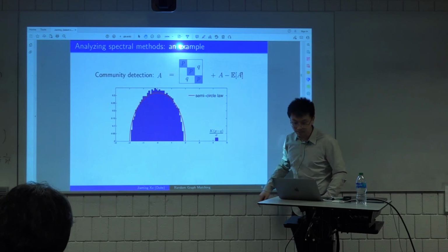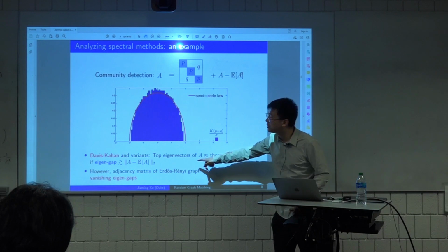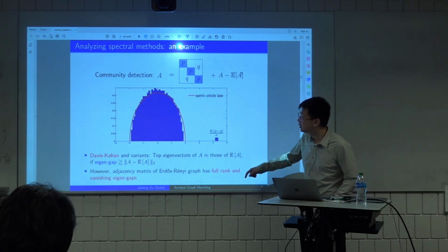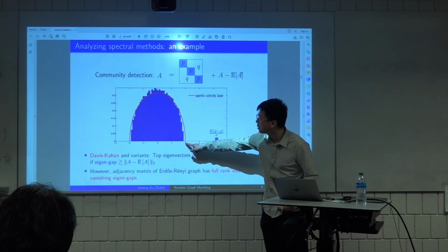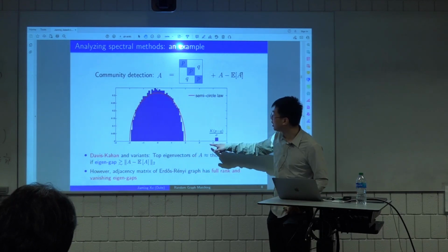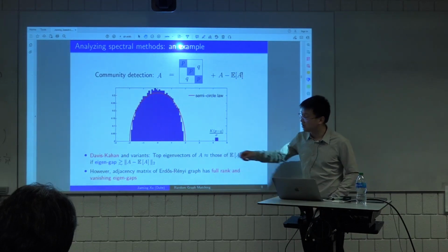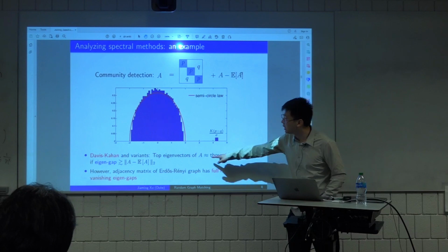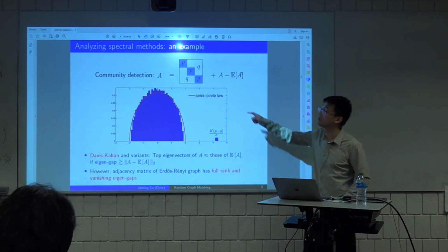Now if you indeed have this kind of picture, then you can use some perturbation theory in spectral method. You can show that when the eigengap, the gap between the largest eigenvalues here and the bulk of spectrum, is much larger than the spectral norm of the perturbation, then the leading eigenvectors of A are very close to the leading eigenvectors of the mean.